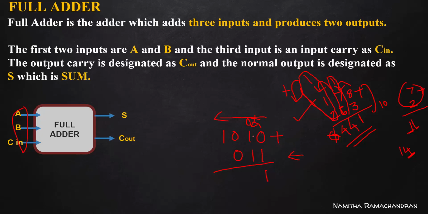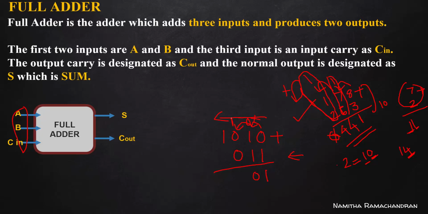So it is 0 plus 1 plus 1. 1 plus 1 is decimal 2. Decimal 2 in binary is 10. Right, so we write this 0 here and pass this 1 as a carry to the next level.